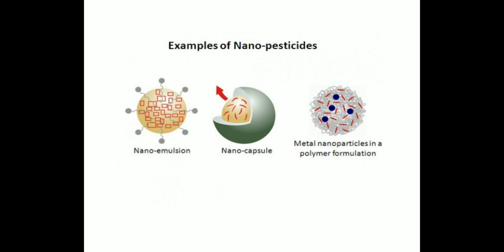Different types of suspensions are also used, and nano capsules also cover the particle. Afterwards, metal nanoparticles, especially nanometals such as platinum, silver or gold, are used in the coating of these particles, which will finally produce the nanopesticides.